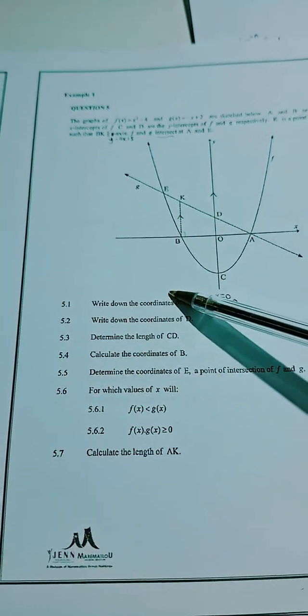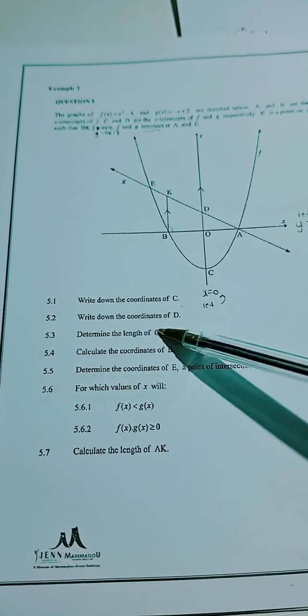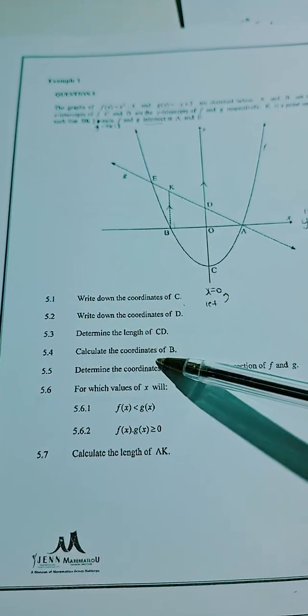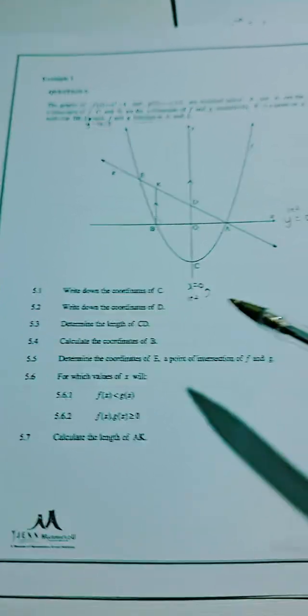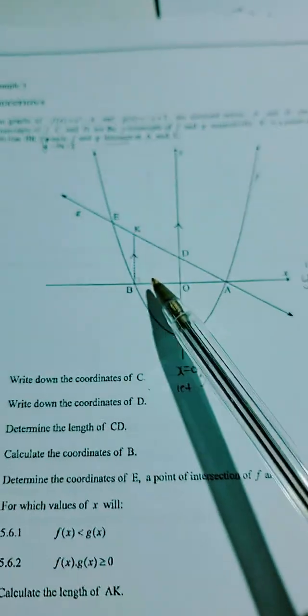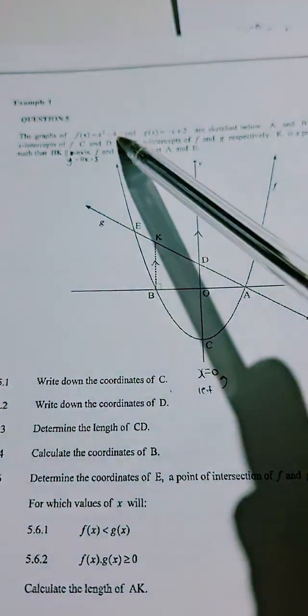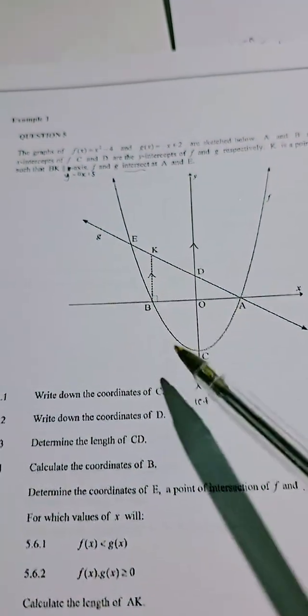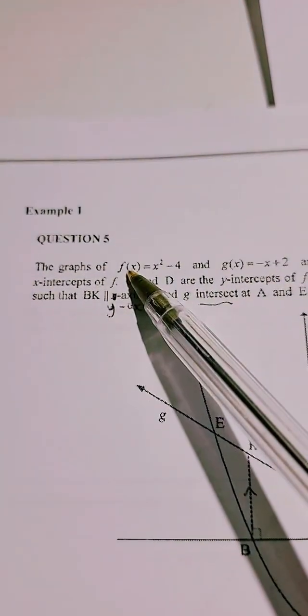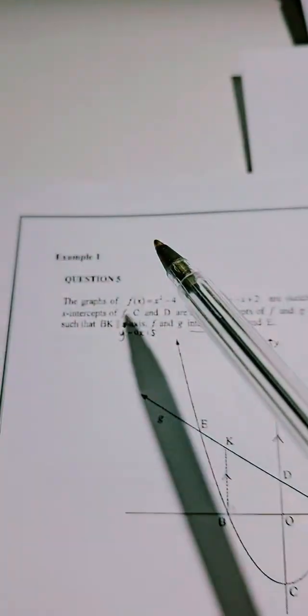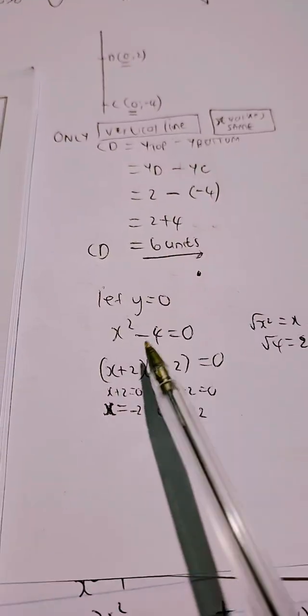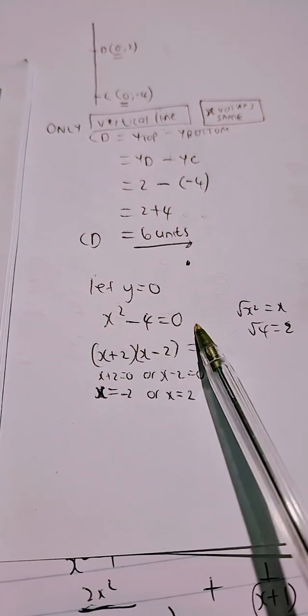So we've answered 5.1, 5.2, 5.3. Now we want to calculate the coordinates of B. We've established that B is an x-intercept of which function? The parabola. So we extract the parabola: f of x is equal to x squared minus 4. Remember, f of x is y. We let y be equal to 0, so in the place of f of x, we write 0.